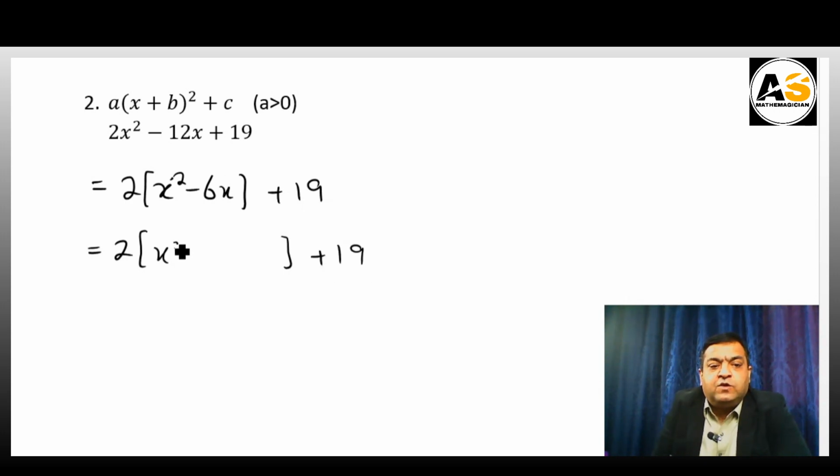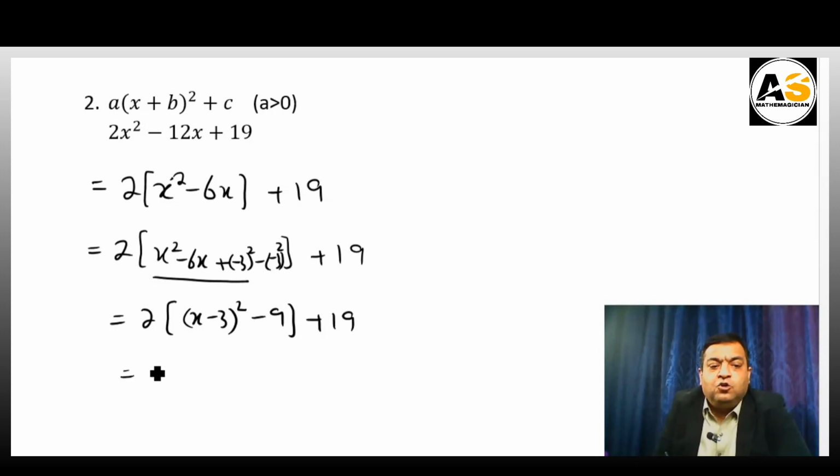We will write x square minus 6x. What is half of minus 6? It is minus 3. We will add and subtract the square of minus 3. Now, first 3 terms will again complete the square, which is x minus 3 square, and next will be minus 9.